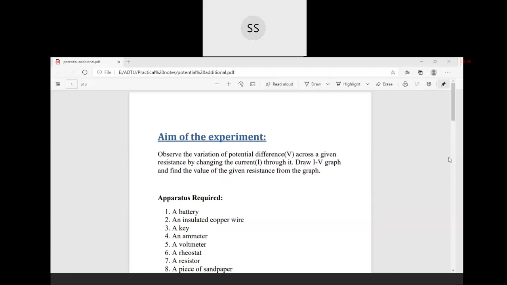Ma'am, yes. Potential difference, the difference of electrical potential between 2 points. Yes, you can say like that also. Yes, correct. And what about electric current?